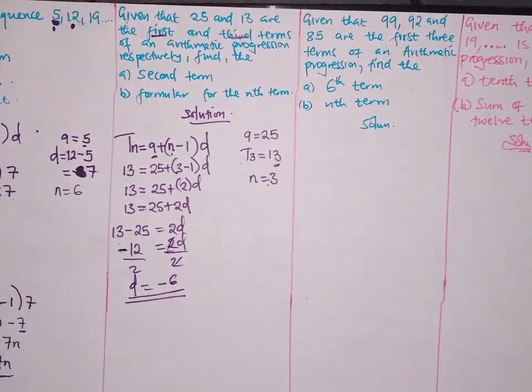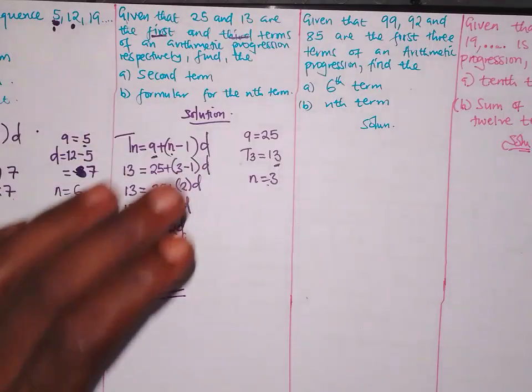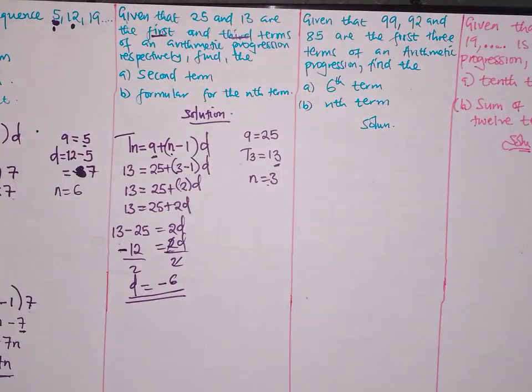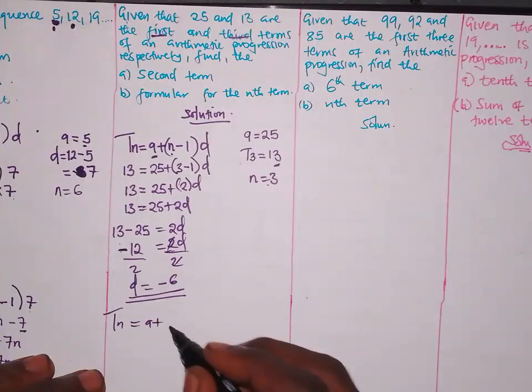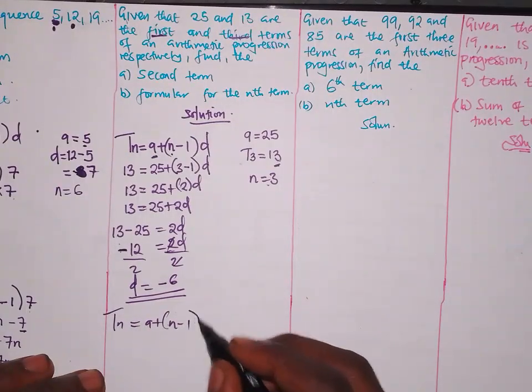Remember, the question is not asking us for the common difference, but for the second term. So now we can use the formula to calculate the second term because we have our first term, the common difference, and we know the position of the second term, which is 2. So you say Tn is equal to a plus n minus 1 d.